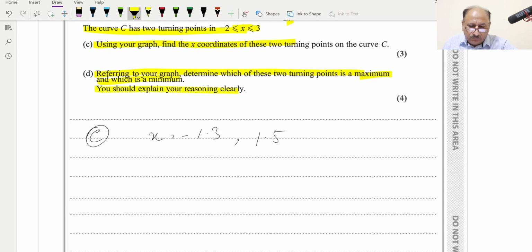You should explain your reasoning clearly. So, the answer for part D: at x is equal to minus 1.3, this is basically increasing.